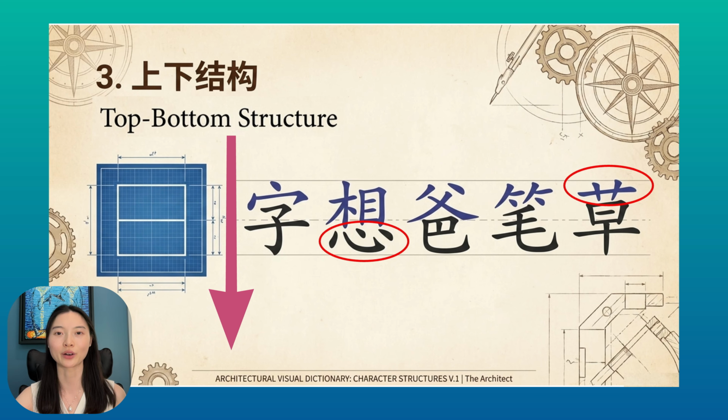The grass radical 草字头 always lives on top, and the full heart radical 心 very often sits at the bottom. And notice that in top-bottom structure, the sound clue can be on either the floor or on the top. The structure tells you where the pieces are. What each piece means, that's something you learn character by character.